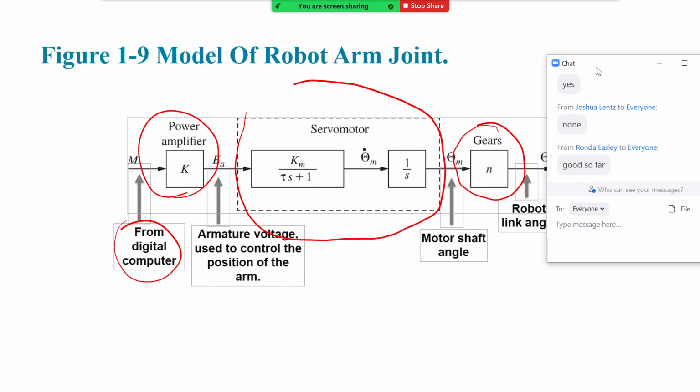Again, I'm hoping the asynchronous format will work for most of you. It will give you the flexibility if you're working, if this is not the time that you really like to be awake, and if you're doing most of your study at night. Again, this will give you the flexibility of trying to do it whenever you can.